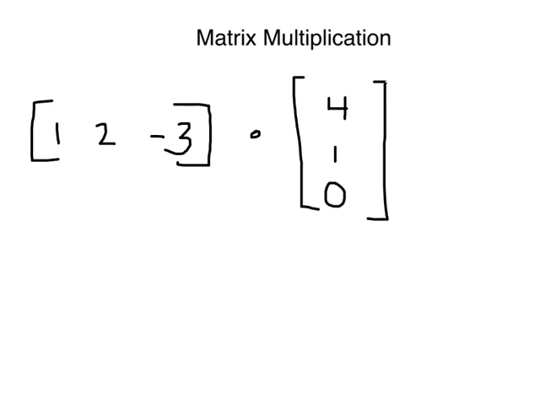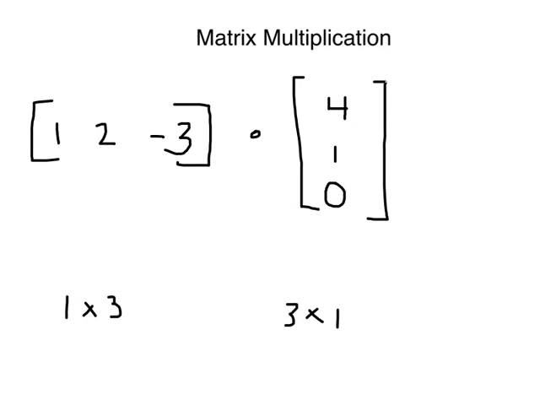So let's look at how we would multiply a very basic matrix. My first matrix is a 1 by 3 matrix. My second matrix is a 3-row by 1 column matrix.